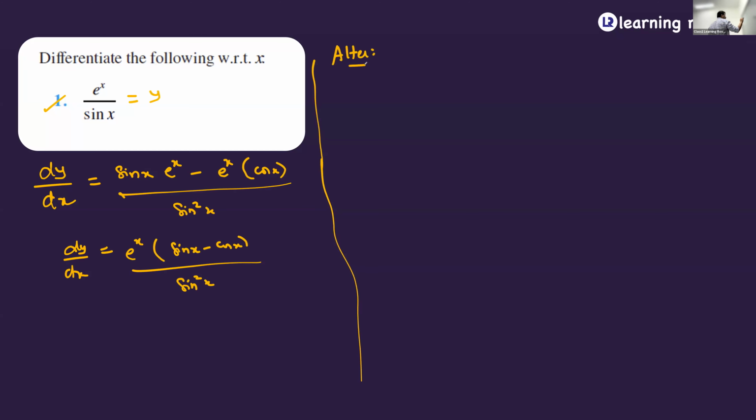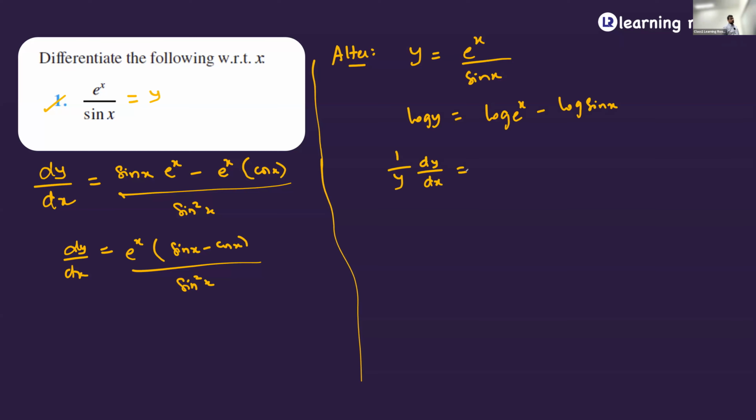The alternate is y is equal to e power x divided by sin x. So what we'll do is take log on both the sides. So what will you get? Log y is equal to log of a by b. So log e power x minus log sin x. So log y derivative is 1 by y into dy by dx is equal to log of e power x. I can write it like this.